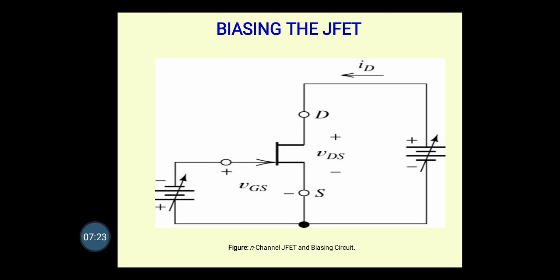But you have to see the gate has the negative polarity of the voltage source connected, and positive is connected to source. So source is a common terminal here. The output voltage will be VDS, the input voltage will be VGS developed across the JFET, and ID is the drain current and IG is the gate current.